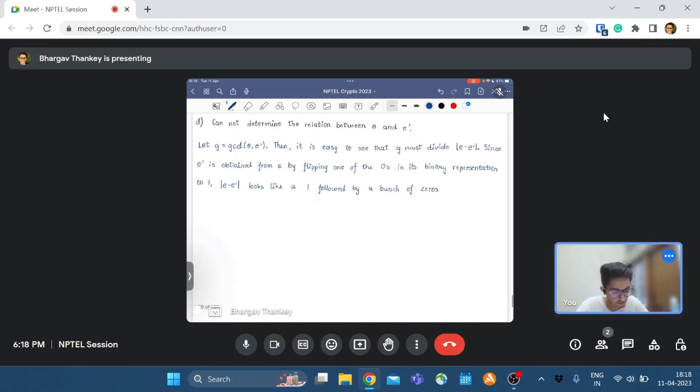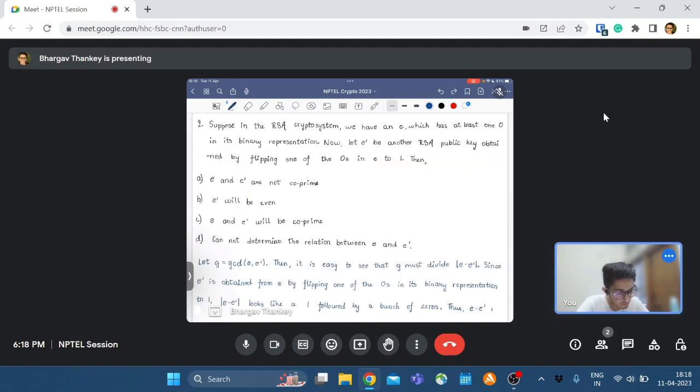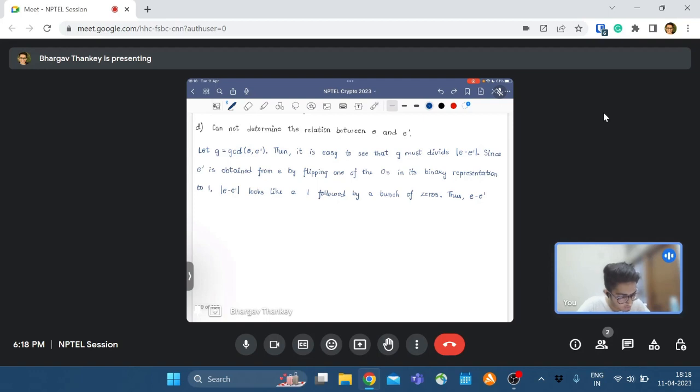In particular, the absolute value of E minus E prime is equal to 2 to the I. That is, it's a power of 2, for some I in N.